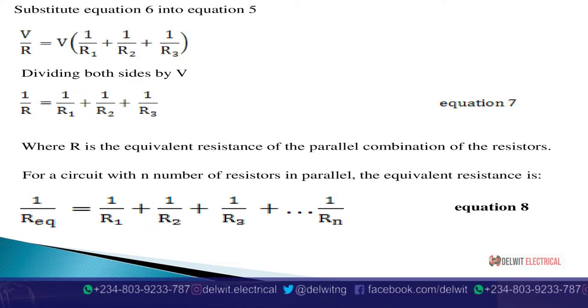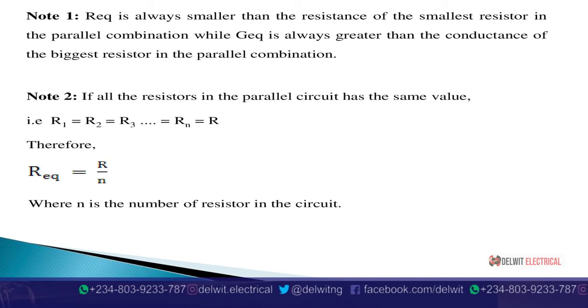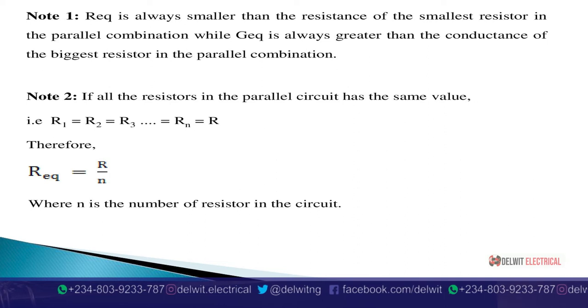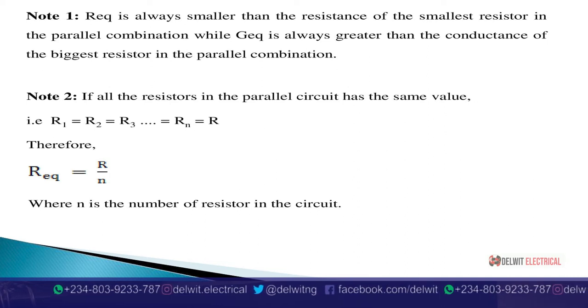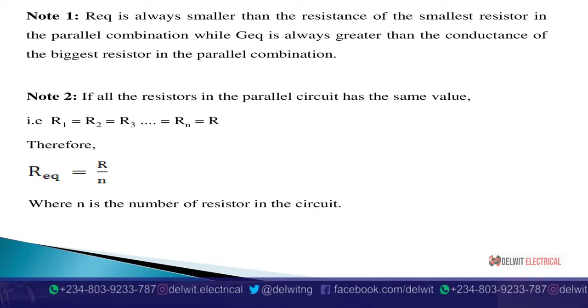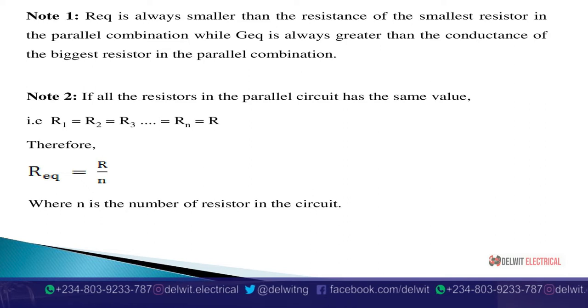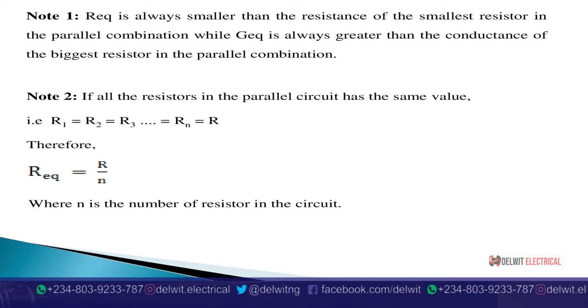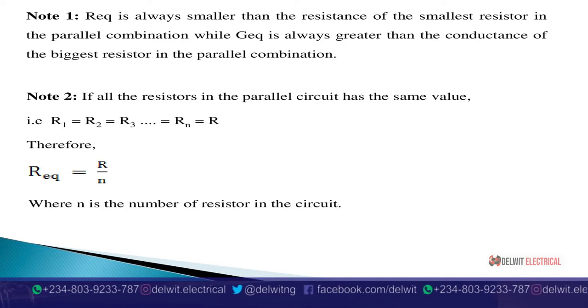We should always note that the equivalent resistance is always smaller than the resistance of the smallest resistor in the parallel combination. One thing that will come to mind is that it's usually difficult to work with 1 over R, 1 over R, 1 over R. So there's a value that we call conductance, represented with G. It is the inverse of resistance.